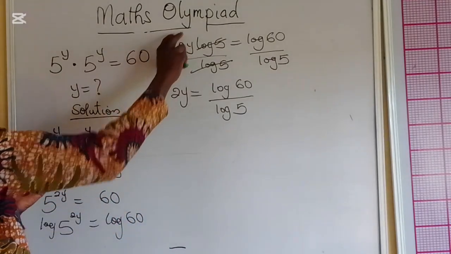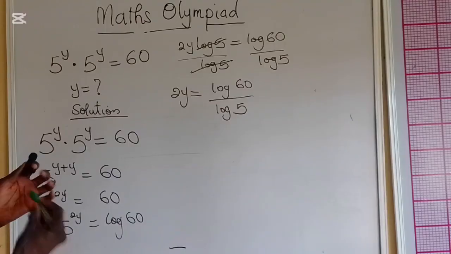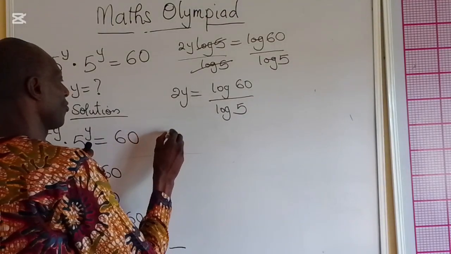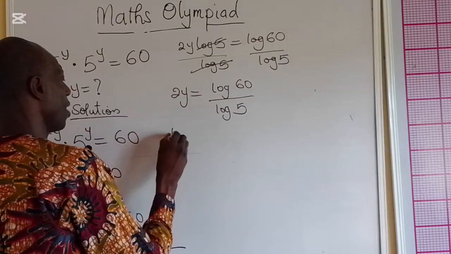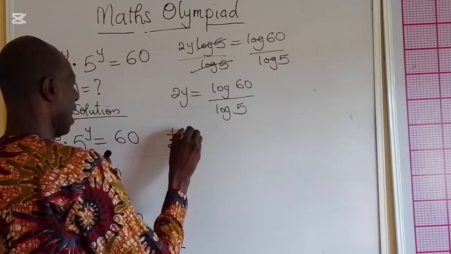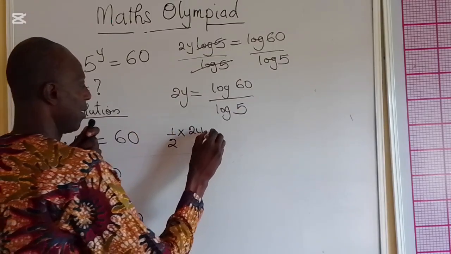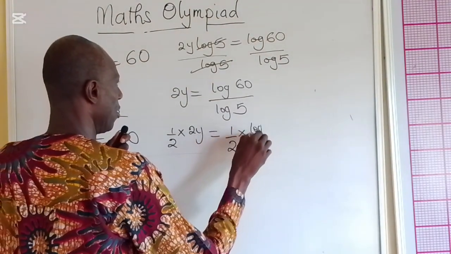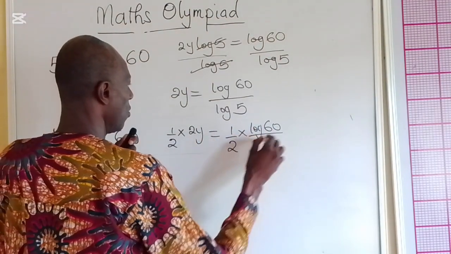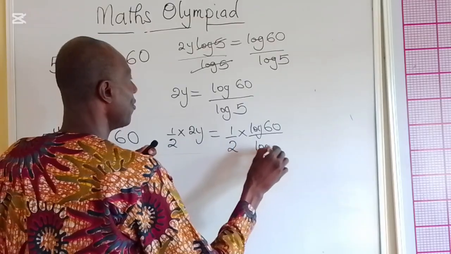Now, I want to make y again. First I made 2y. Now I want to make y the subject of the formula. I will multiply both sides by 1 over 2, which is 1 over 2 times 2y is equal to 1 over 2 times log 60 over log 5.